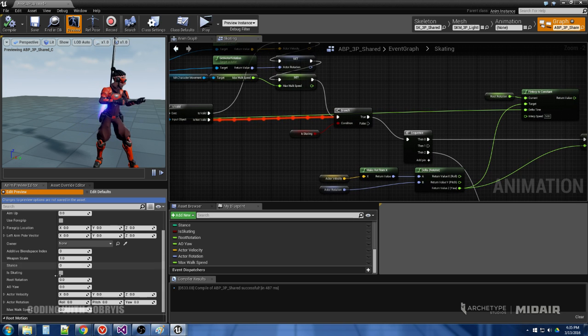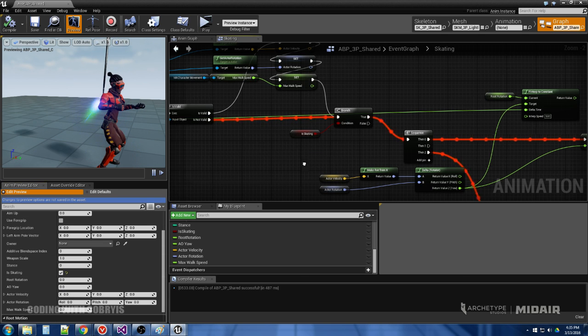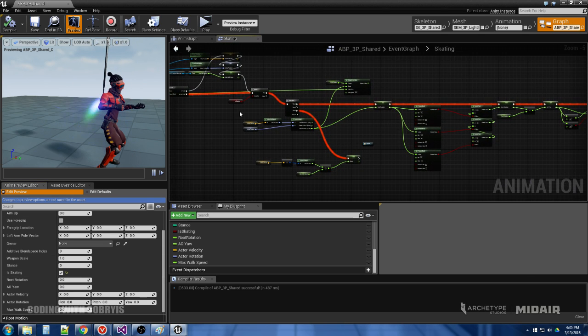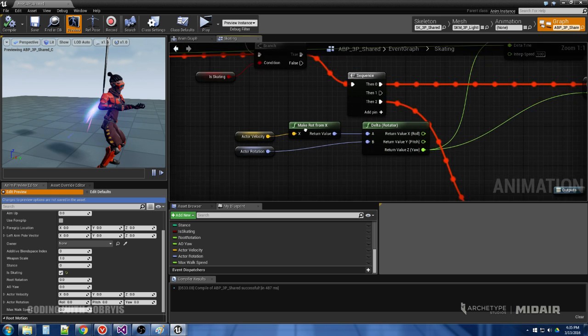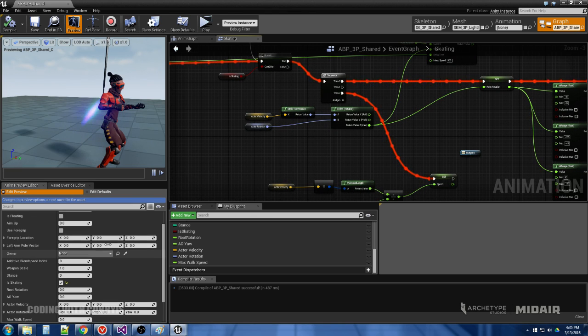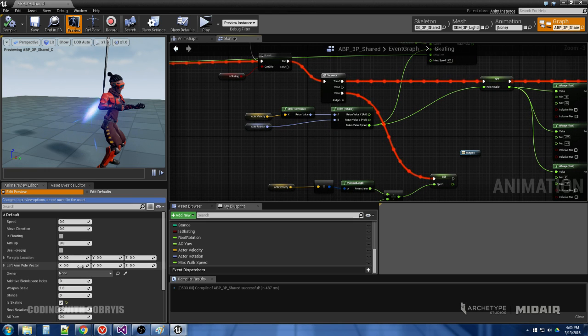Alright, what happens if we hit skating? Is this gonna crash? Look at it, it's flowing, it's working. Okay, what direction are we gonna be moving in?